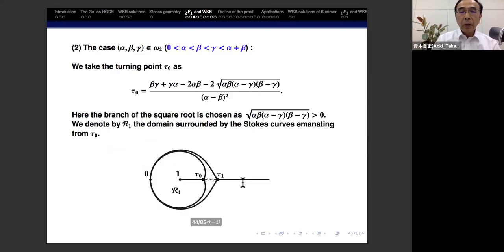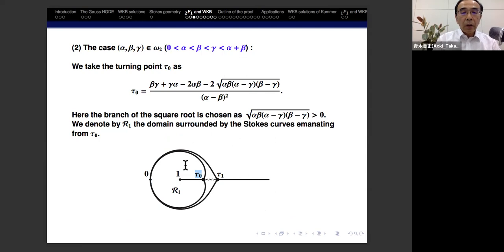And similarly, the second case, alpha, beta, gamma belongs to omega 2, this condition. Then you have Stokes geometry like this. And we take tau node here.